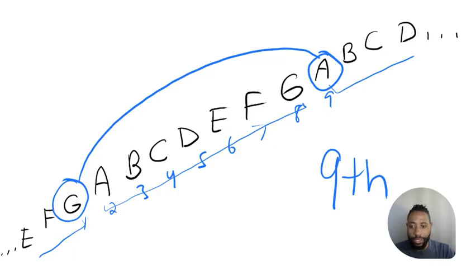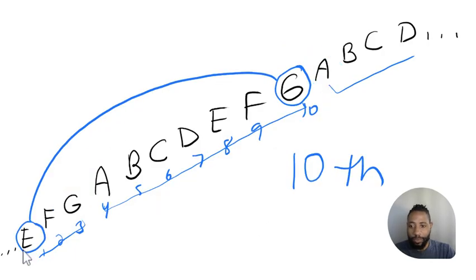Let's keep going. Running out of space here. Let's start here at the bottom of my graph with an E. If you go from E all the way up to this G here, that's 10 letters. 1, 2, 3, 4, 5, 6, 7, 8, 9, 10. E, F, G, A, B, C, D, E, F, G. So this E all the way up to G would be a tenth.